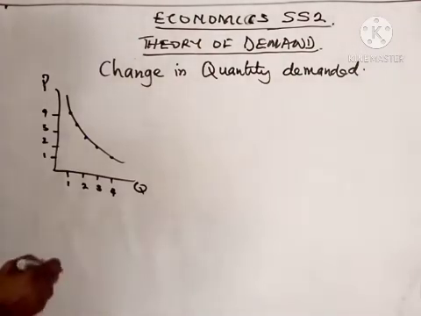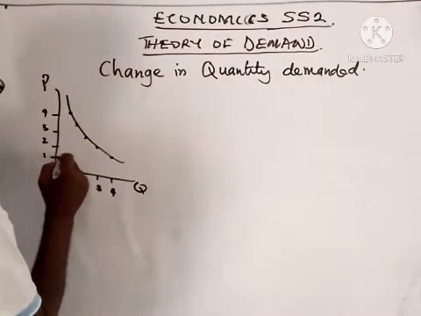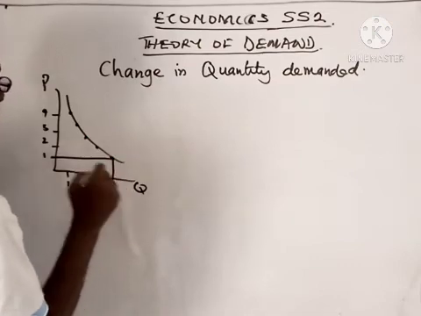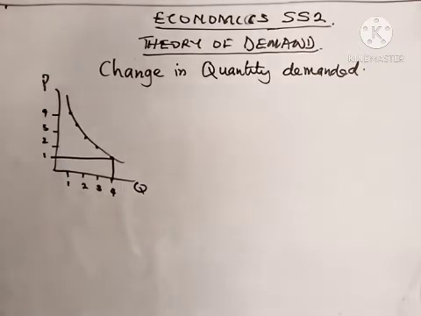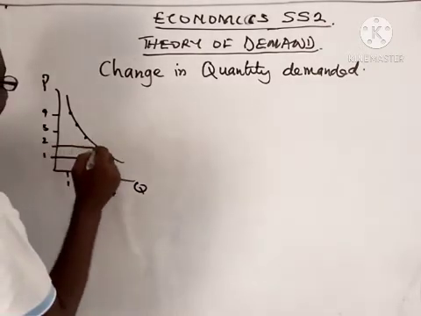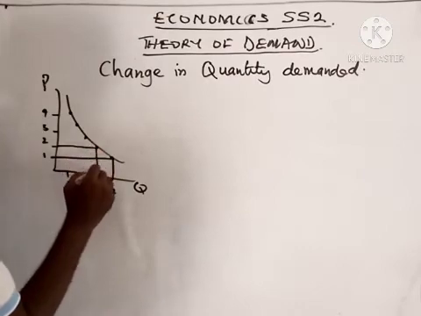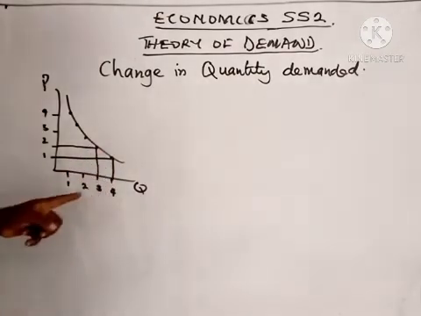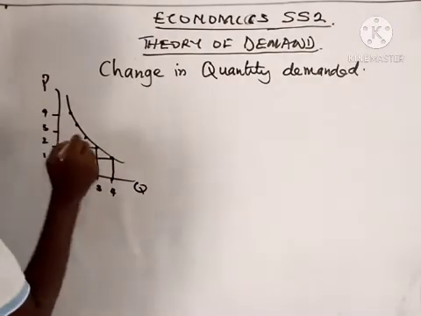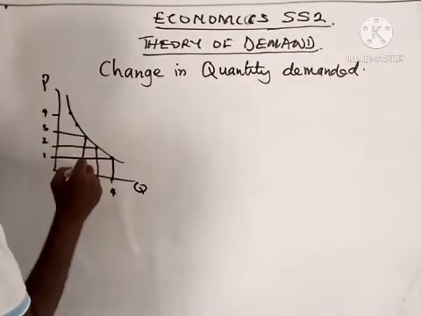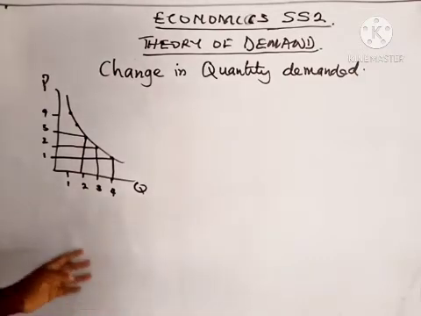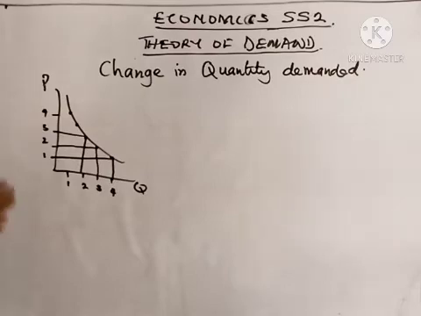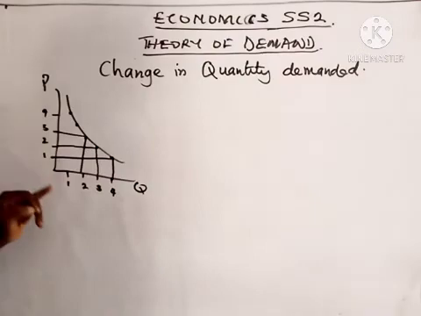When the price is 1 naira, the quantity demanded will be 4. But the moment the price changes to 2, the quantity demanded will equally change. Then when the price changes to 3, the quantity demanded equally changes. So when you are talking of change in quantity demanded, it means as price changes, the quantity you are demanding will equally change.